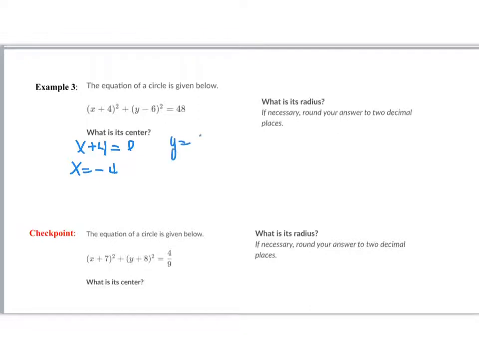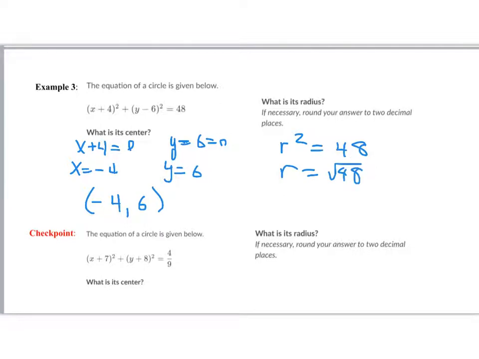So y minus 6 equals 0, so y equals 6. So your center is (-4, 6). And then what is the radius? So this is r squared equals 48. Therefore, r is equal to the square root of 48, which is approximately 6.93 units.